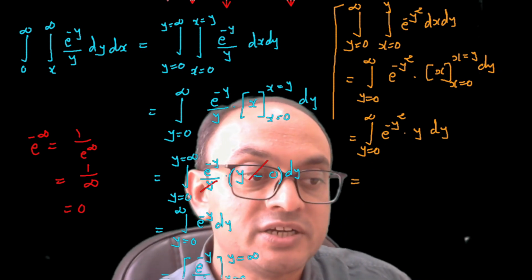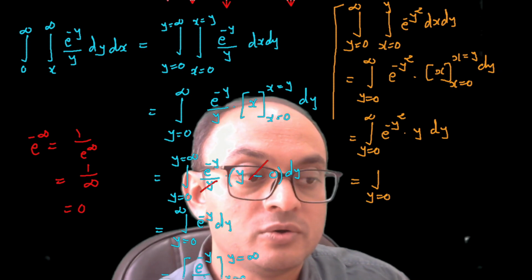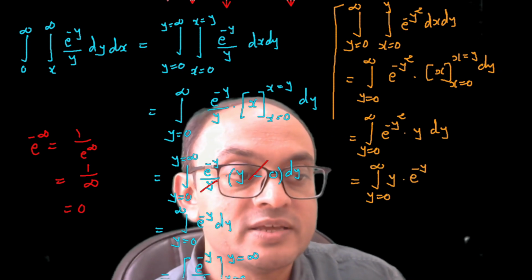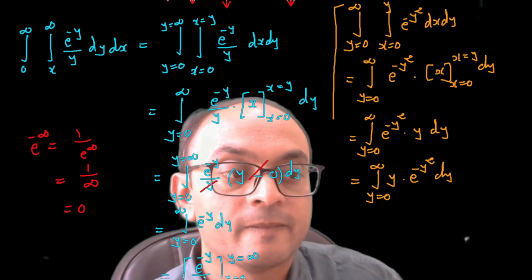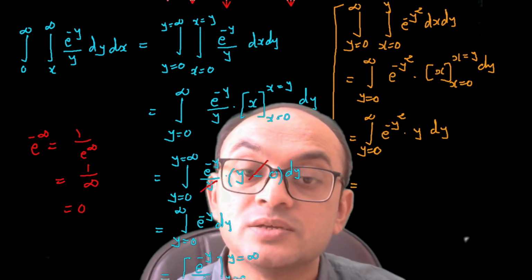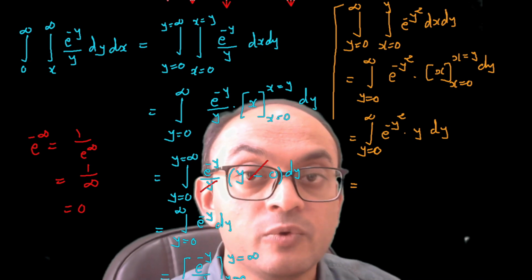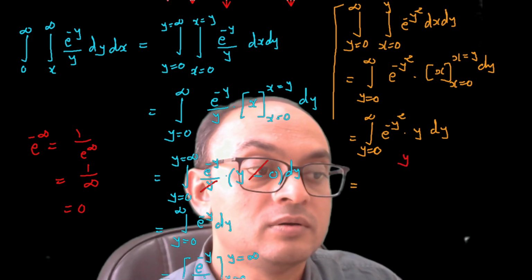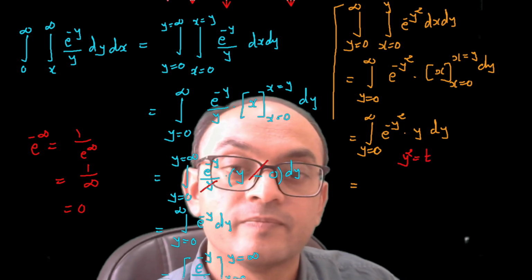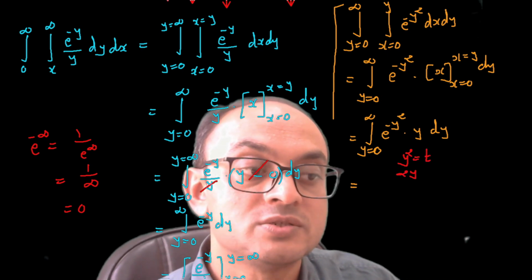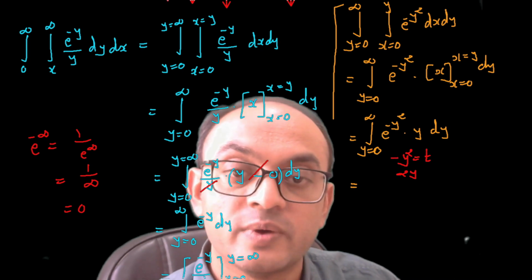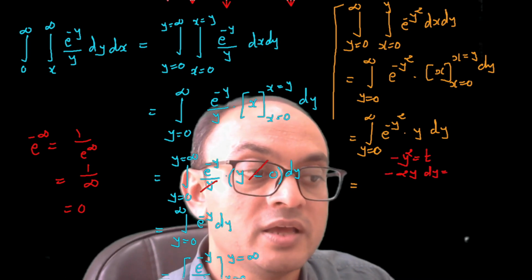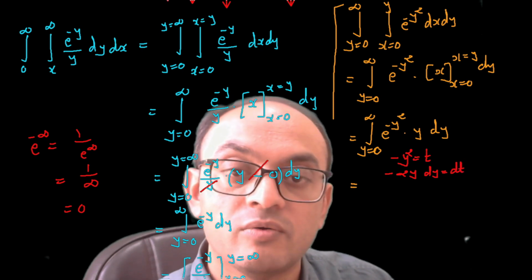So this integration is y equal to 0 to infinity y into e raised to minus y square dy. Now how do you integrate this quantity? If you assume that minus y square is equal to t, then minus 2y dy is equal to derivative of t.